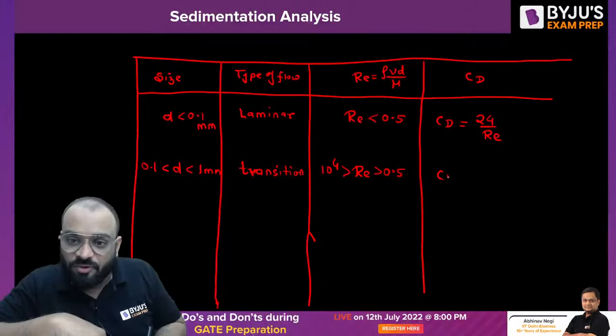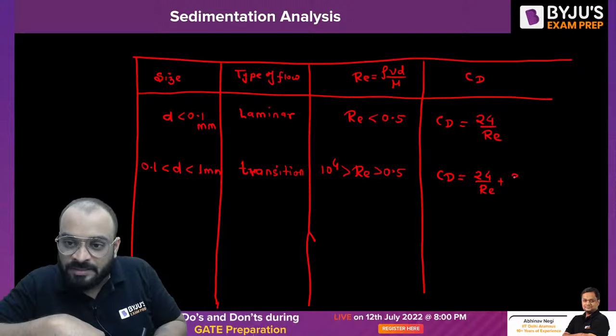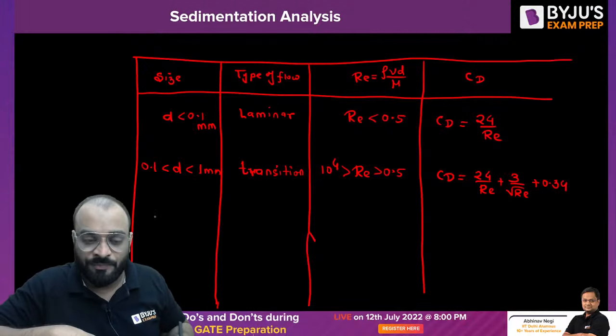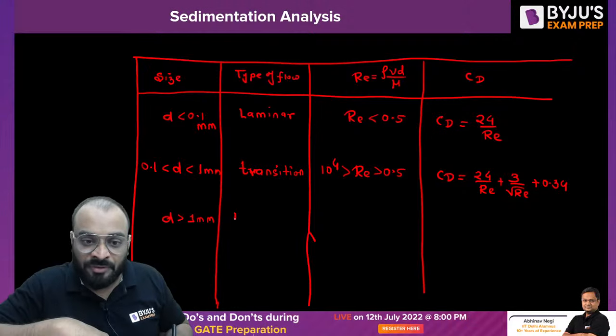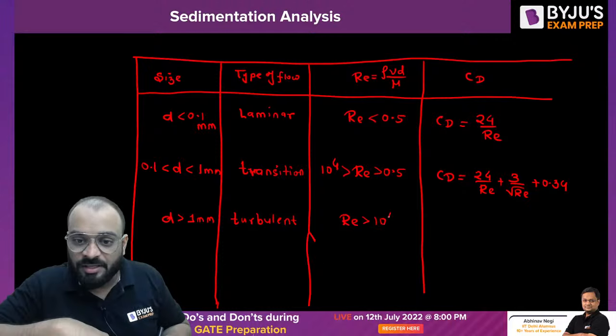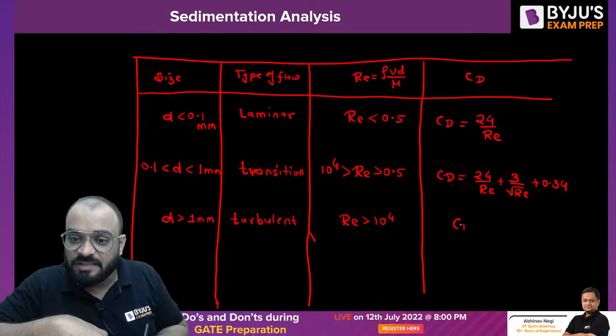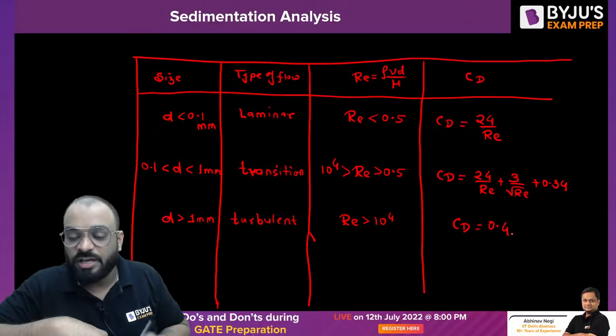So this particular formula of CD will become 24 by Re plus 3 by root Re plus 0.34, and this is the transition flow. And the last case, the size of particle is greater than 1 mm, in that case the flow will become turbulent flow, right? And the value of Re will become greater than 10 raised to power 4. In that particular case, CD is equal to 0.4 directly.